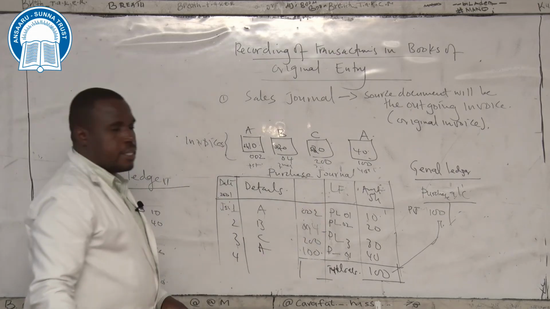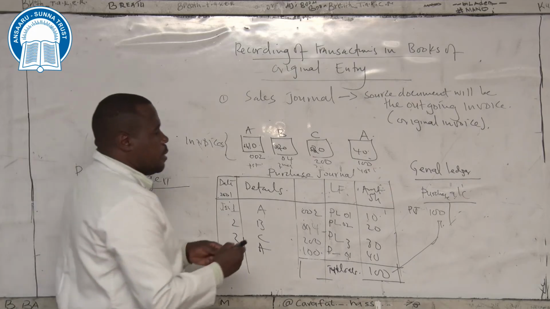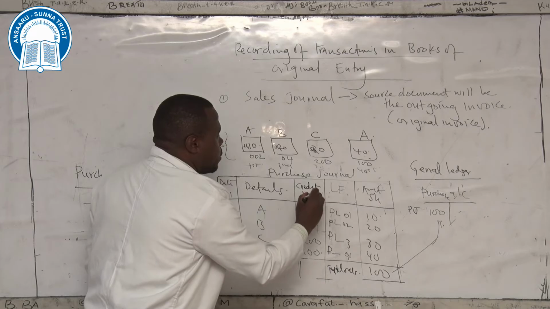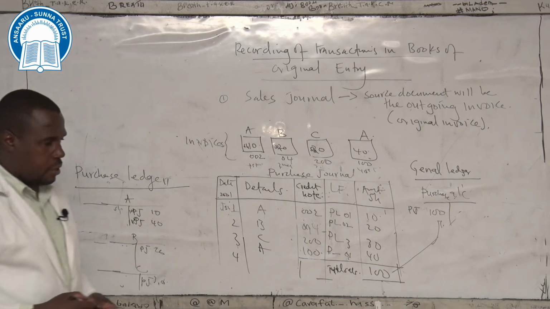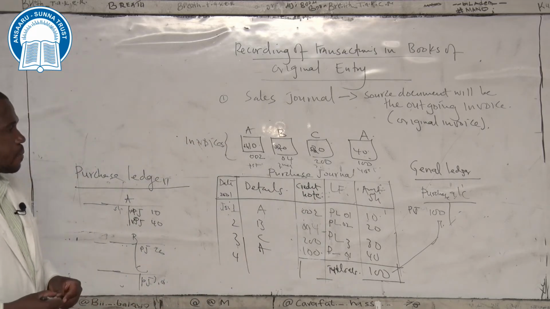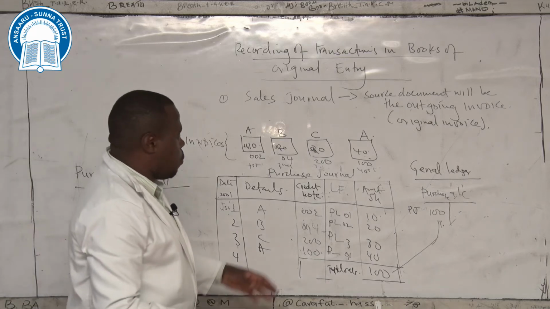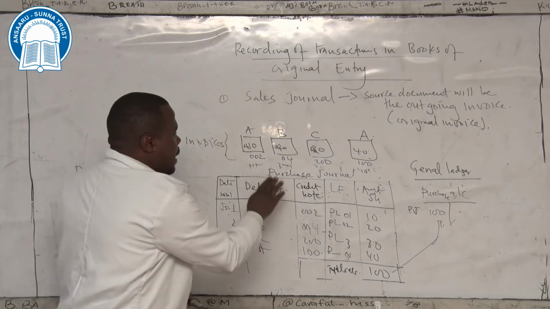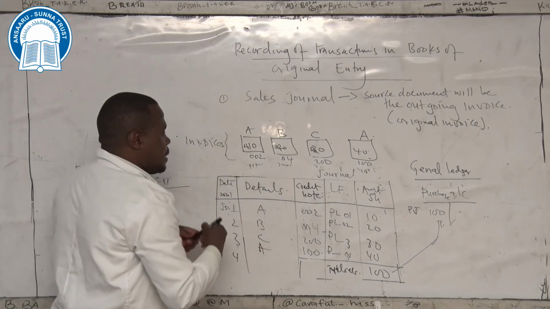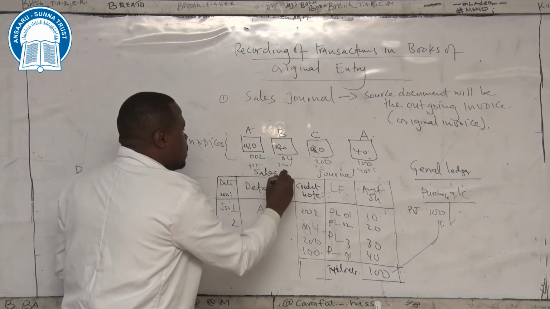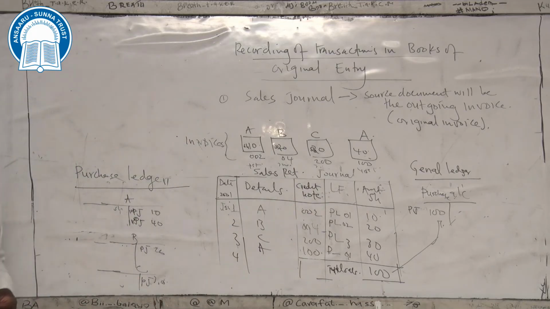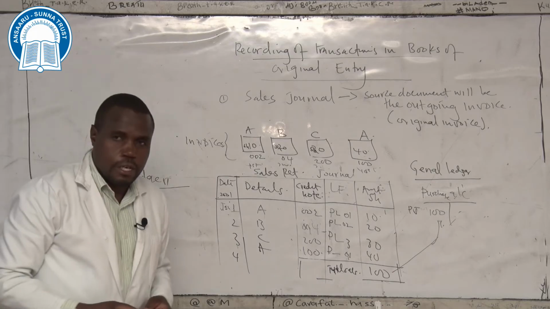When goods are being returned, now we are going to have this one as a credit note. That will be a credit note. And you're going to realize that when you post the transaction for sales return, now this will be sales return journal. You realize that it behaves exactly like the purchase journal.